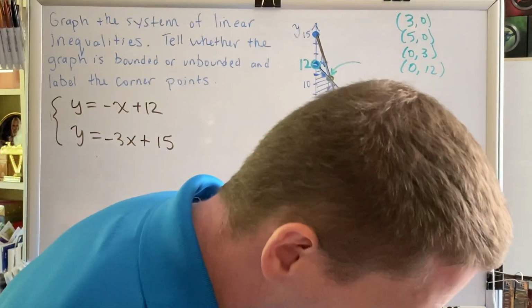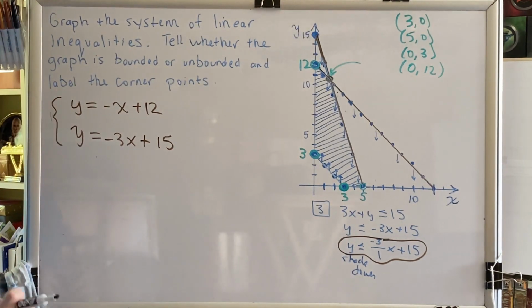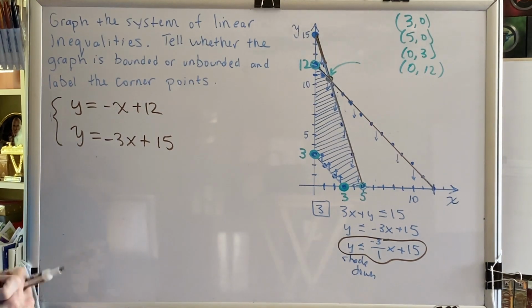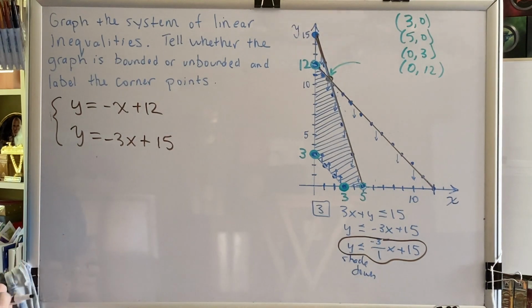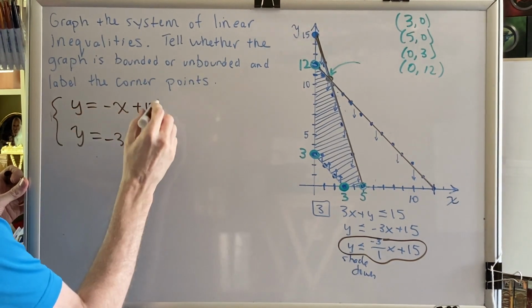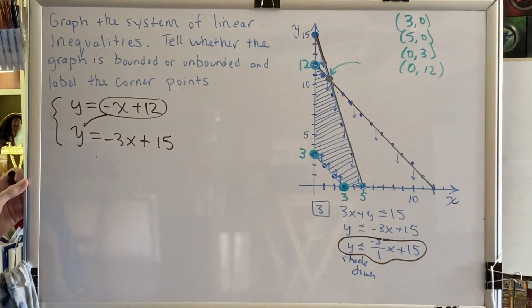All right, so here we go. What I notice about this particular system is that both equations start with y equals. So therefore, if I want to solve the system, I can actually set the two right sides equal to each other. In other words, if y equals negative x plus 12, then I should be able to put that here in the other equation as my substitution.